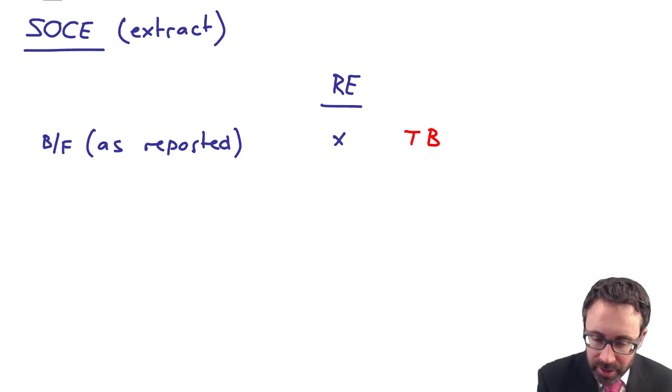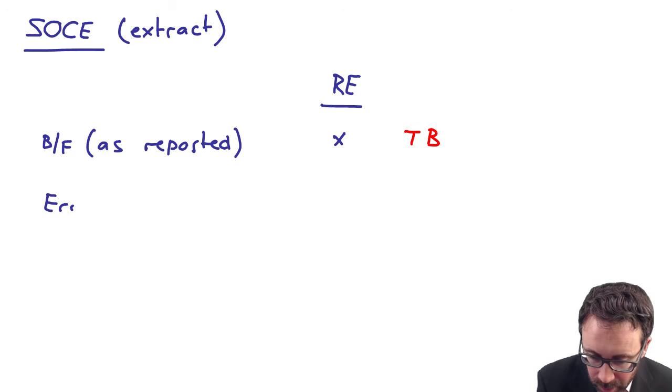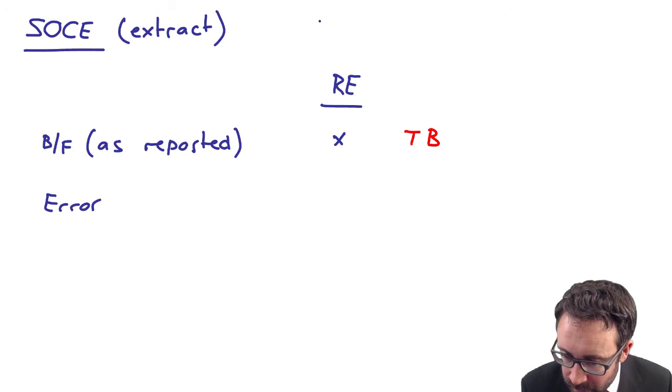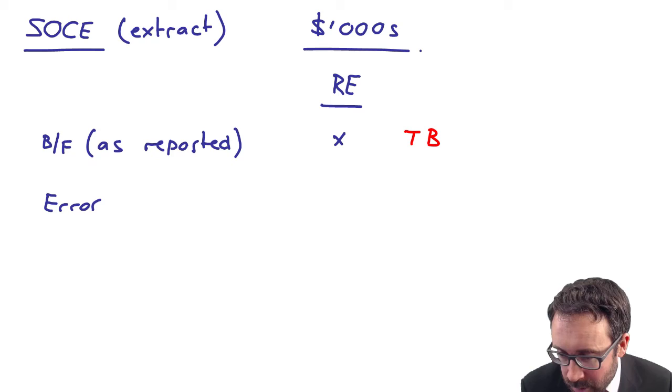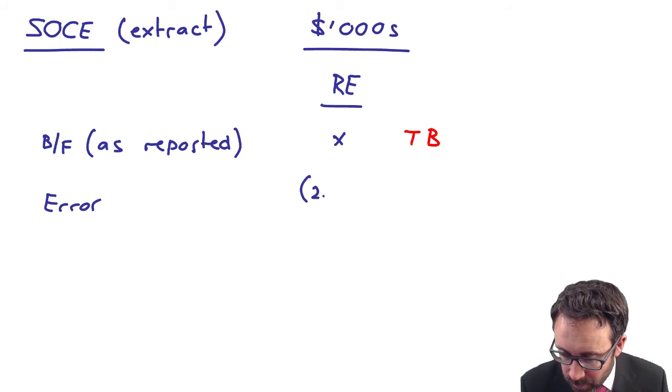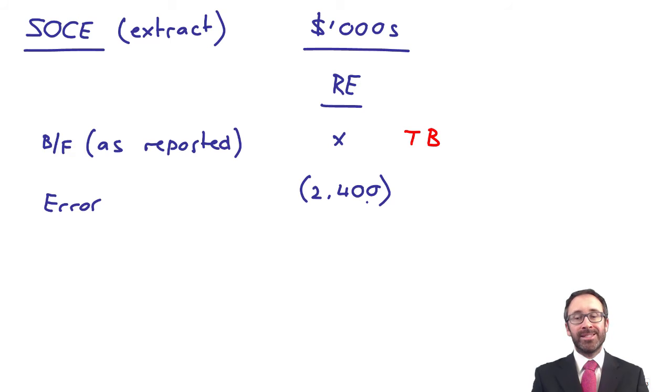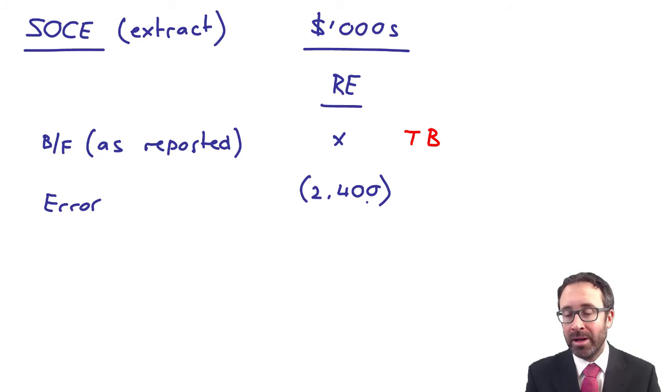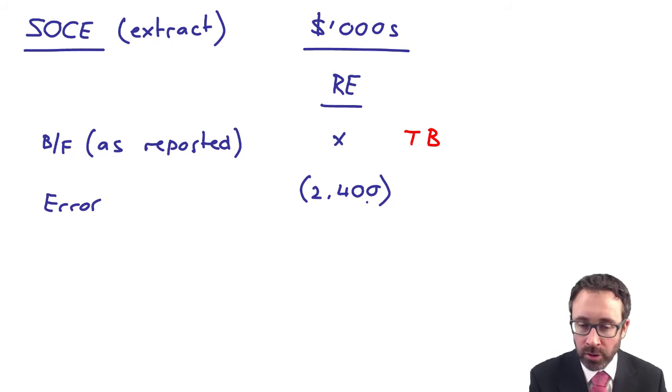What you've then got is your error. And again, like you see in most exam questions, you work in round thousands. So we've got our error, which is an adjustment to your retained earnings of 2.4 million, 2,400.